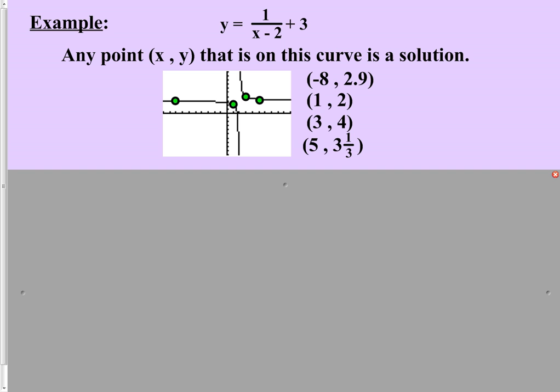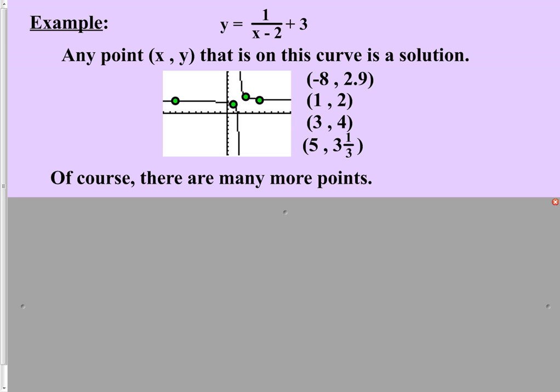Obviously, it's a rational function, so it generates a hyperbola. And here are some potential solutions that would go along with this equation and this hyperbola. But of course, there are many more points than just these four that I have marked and listed. There are infinite points, infinite ordered pairs that show up on this graph. So there are infinite solutions to the equation.